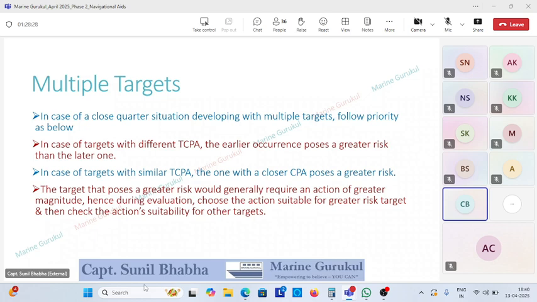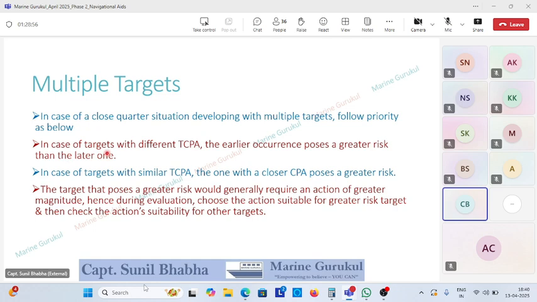Now, when we have multiple targets, the main doubt which arises is that our action should be basis which of the two targets or three targets. So for that, in case of a close quarter situation developing with multiple targets, we follow the priority like this.